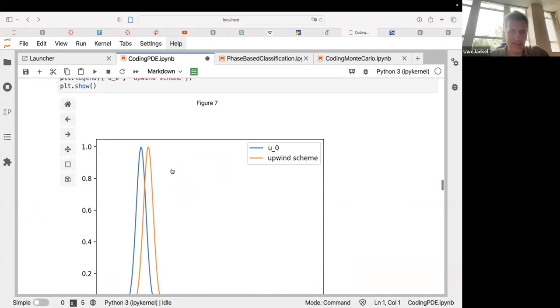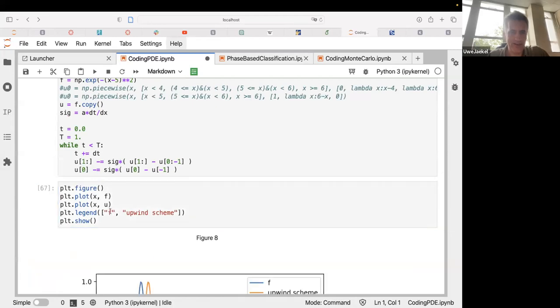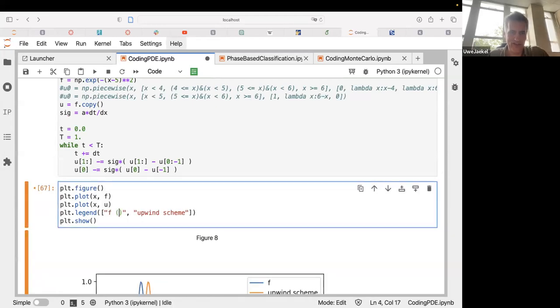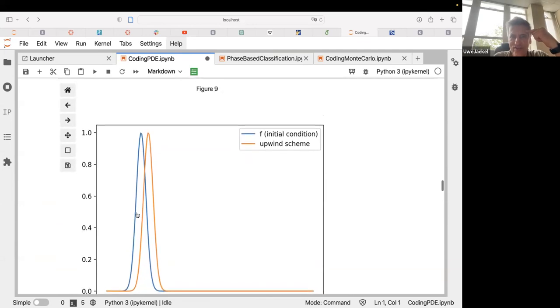Do it again. So F is the initial condition. So the blue is the solution at time 0, and orange is the solution at time t.